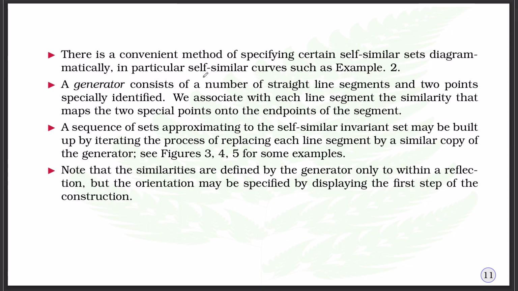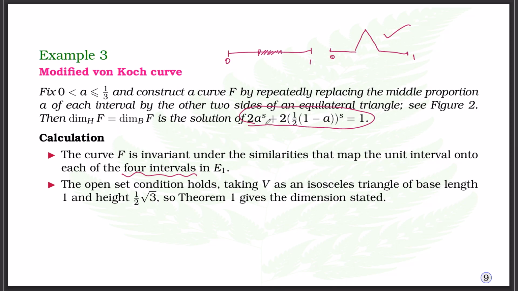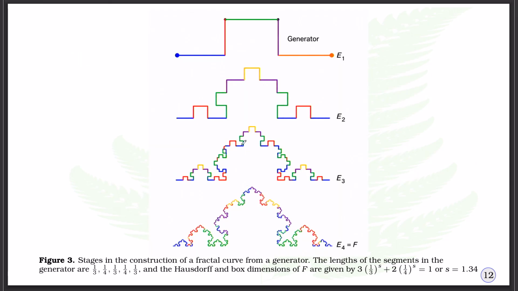As per the theorem this gives the dimension stated. There is a convenient method of specifying a certain self-similar set diagram mathematically, in particular self-similar curves such as example 2. We can find the dimension here by taking the ratios. Now the same thing here one can see. First I am taking the unit interval.